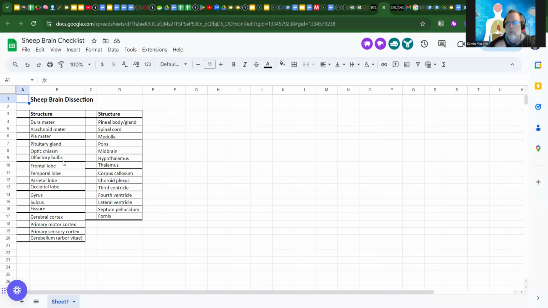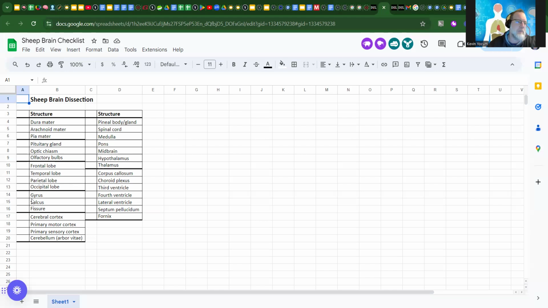So the frontal lobe we'll see is going to be toward the front of the cerebrum, and then the temporal lobes we'll see along the sides, and the parietal lobes we'll see on top, kind of like the crown of the brain, and then the occipital lobe will be toward the back, more or less the base of the brain.